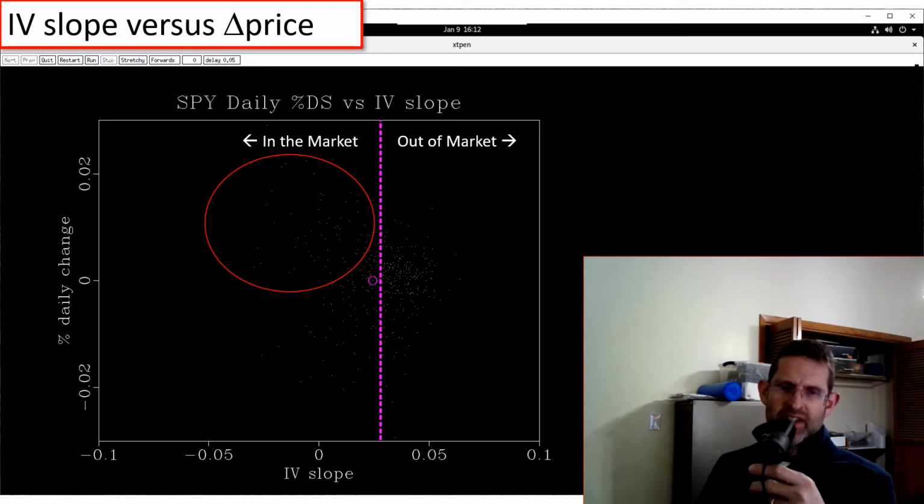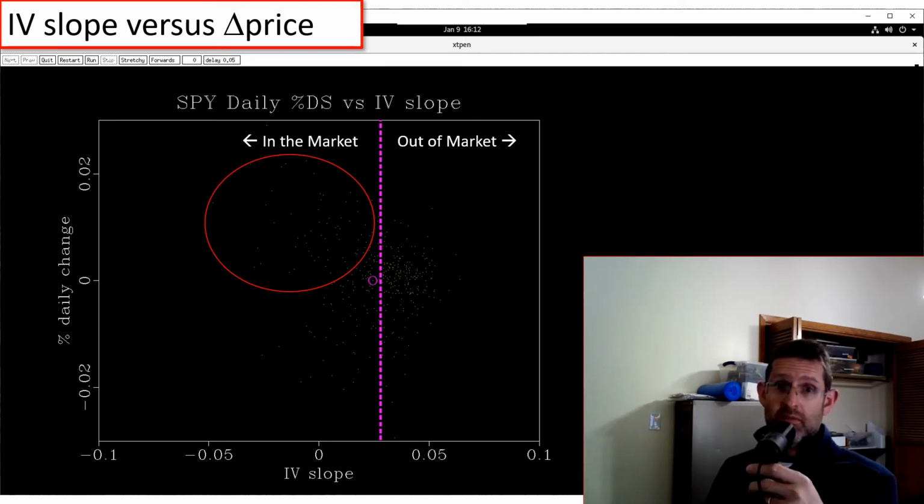If you look at the points with negative IV slope, so days when the IV futures curve was in backwardation, notice that the following day, very often we had a positive move, and a big positive move at that. The expectancy of the points left of that line is pretty good.